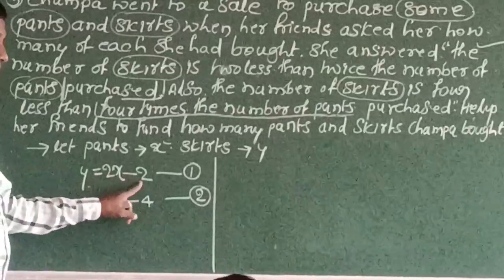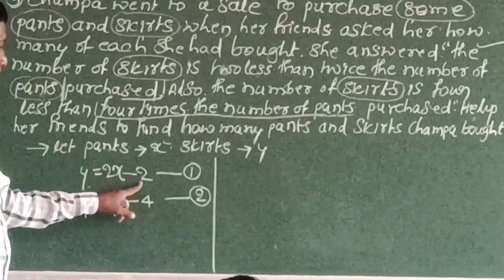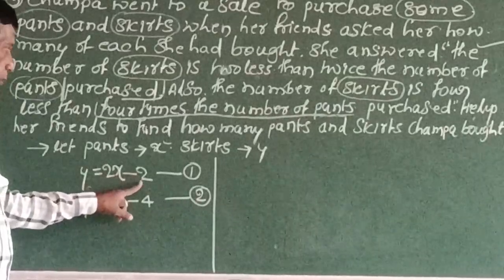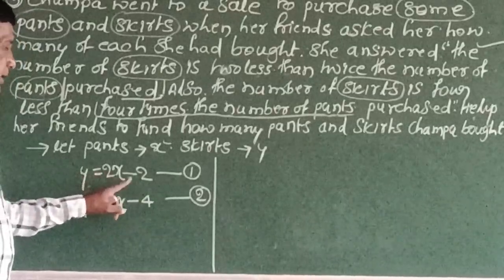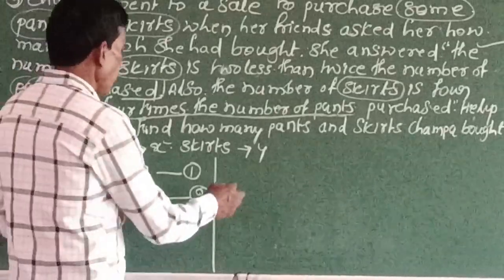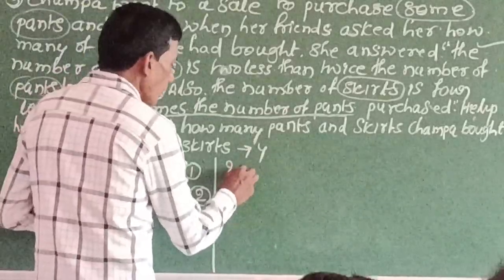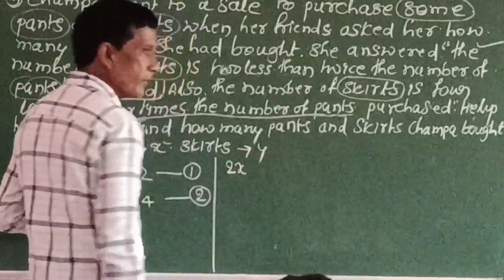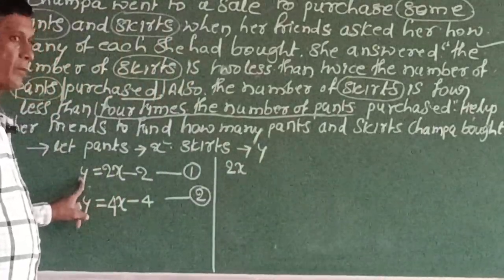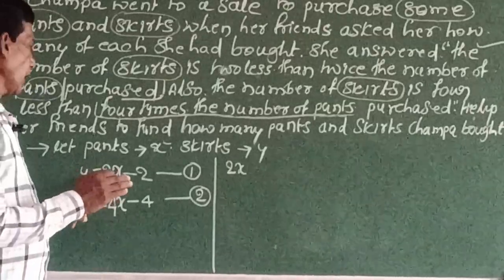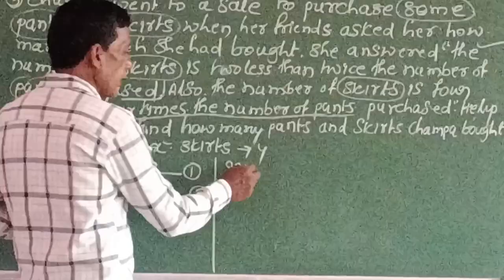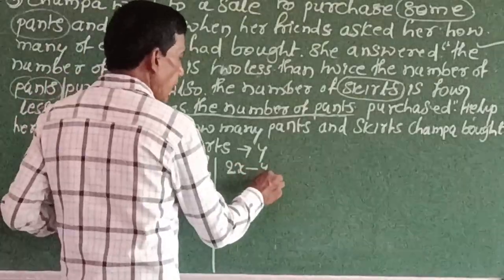2x minus 2, the first equation. So y equal to 2x minus 2. Therefore the equation is 2x plus y... transfer to the RHS side, plus y becomes minus y.